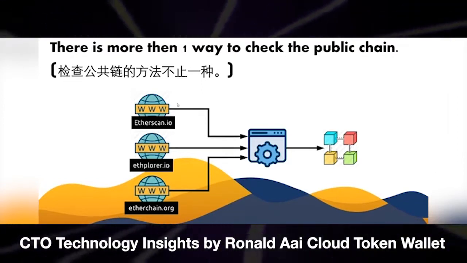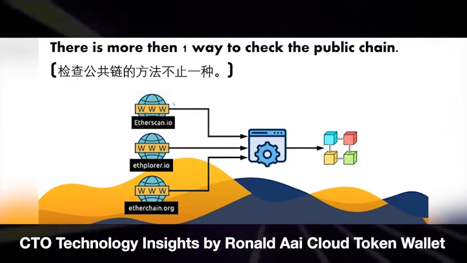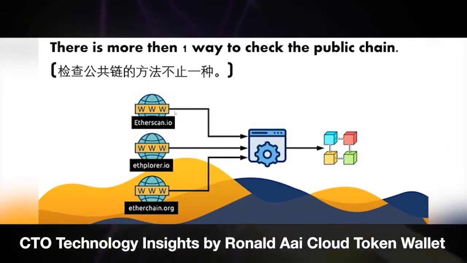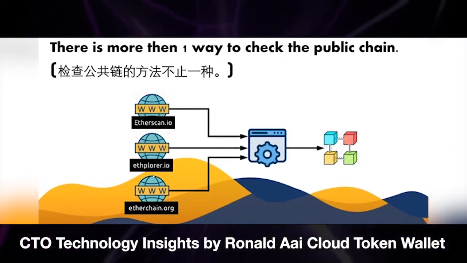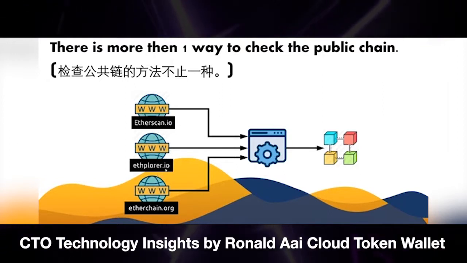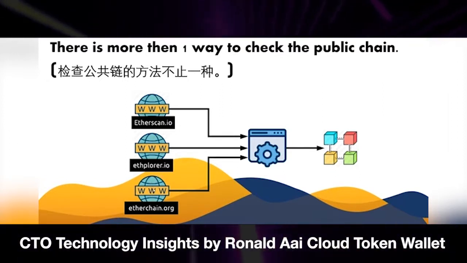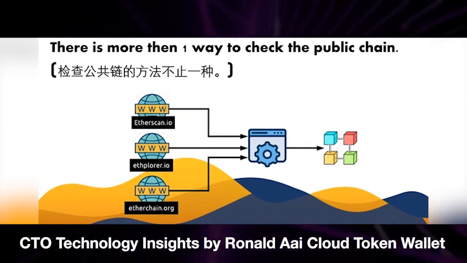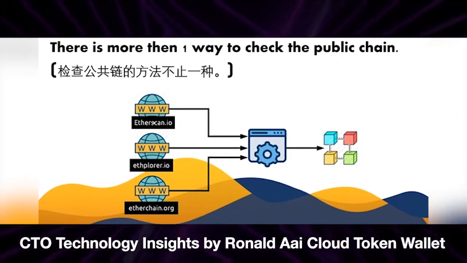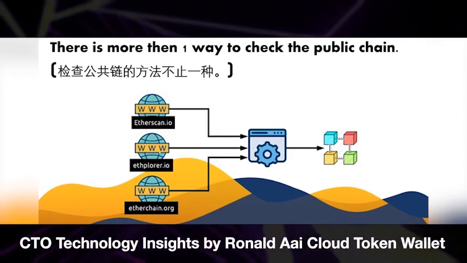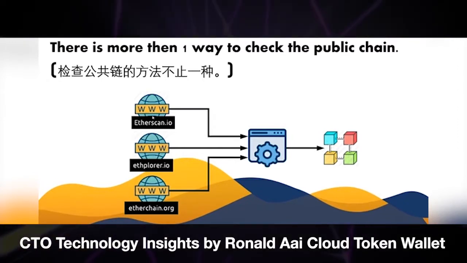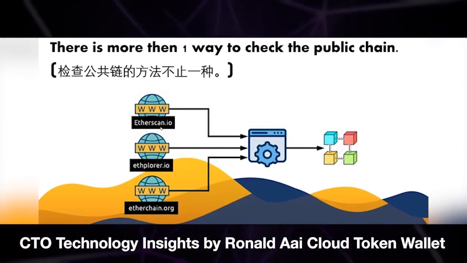So this is just one way to check Ethereum here. There's more than one way to check, and all of these blockchain explorers or Ethereum explorers should show you the same result. So let's use Etherscan as an example.